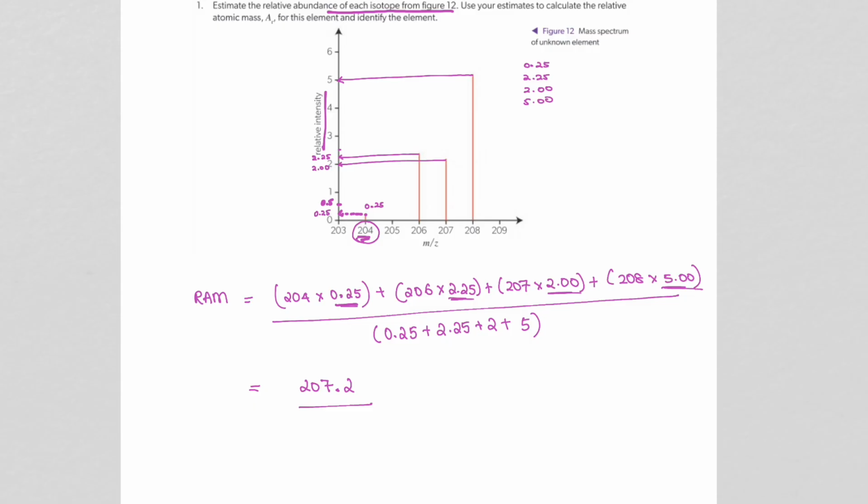Now, if you look at the values here, this is 3SF. All of these are 3SF. This is 2SF. Minimum SF is 2SF. So when you give your answer should be to the minimum SF or one better. So answer should be either 2SF or 3SF. So I'm going to leave my answer as 3SF. So 207. And that's it.